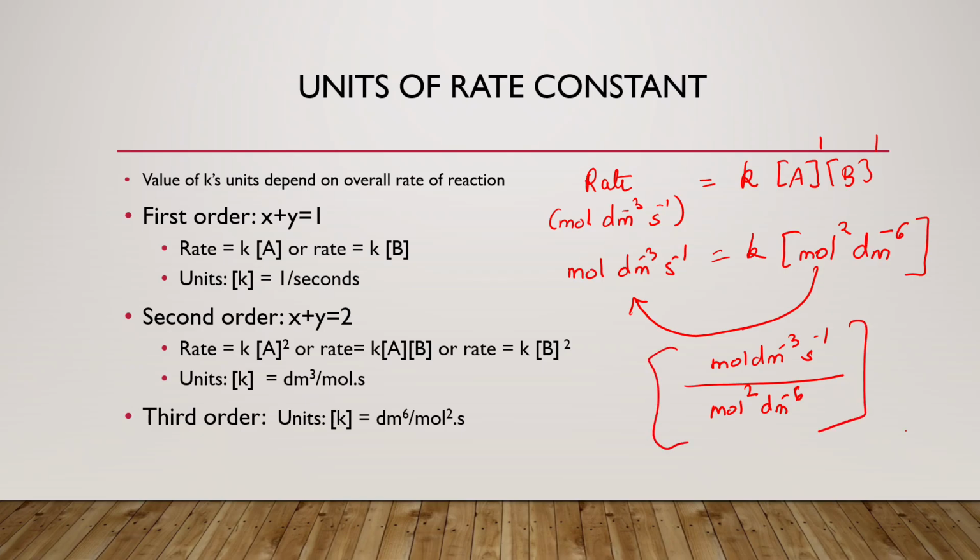So here the unit of the rate constant would be mol^-1 dm^3 s^-1. All right, and that's what you see over here. I would like you to give it a try and arrive at the unit of the rate constant for a third order reaction. These are the final units that you will eventually arrive at, but it would be good if you try that on your own.